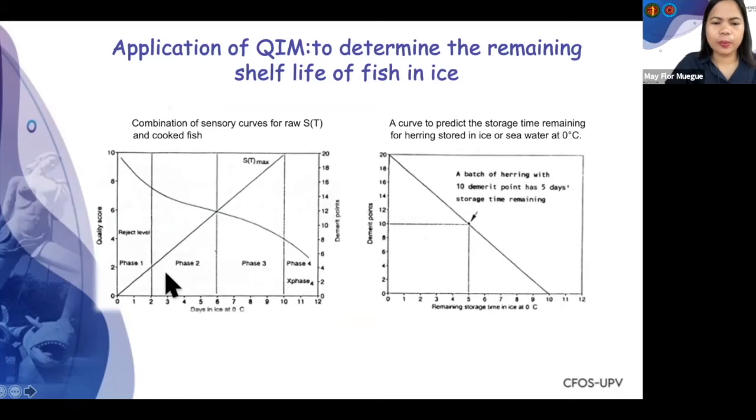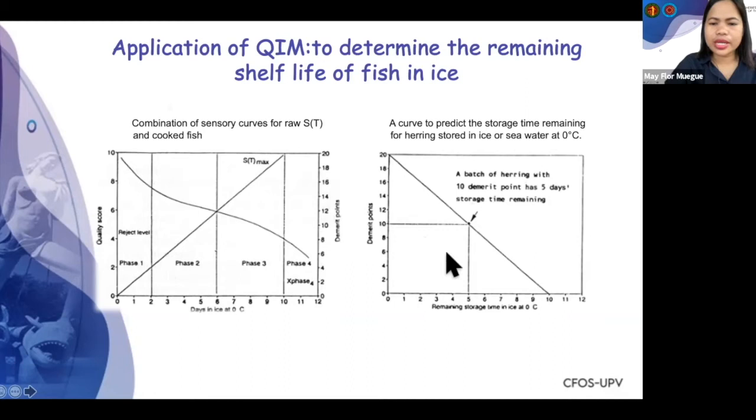So upon reaching this rejection level, it will meet here. So at this particular quality score, mare-reject na yung product. At inabot na rin niya yung phase 4, no? And then yung demerit points niya is 8.